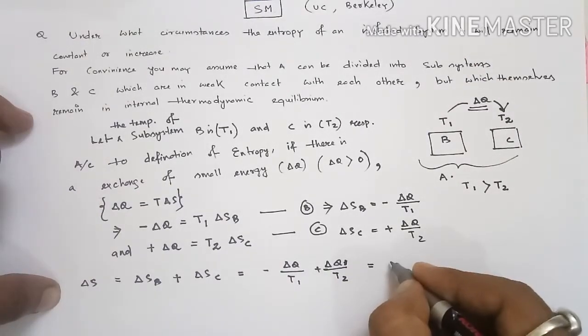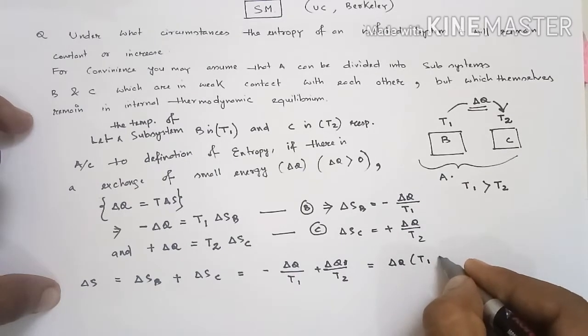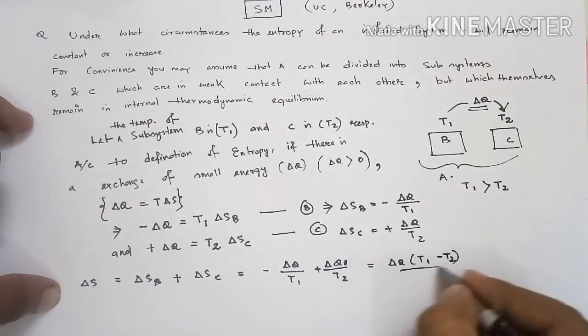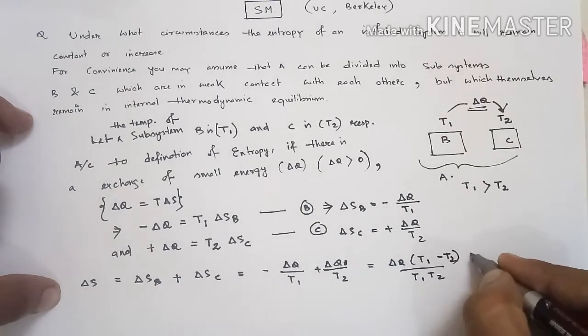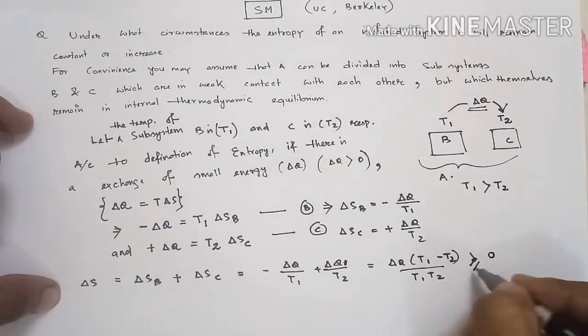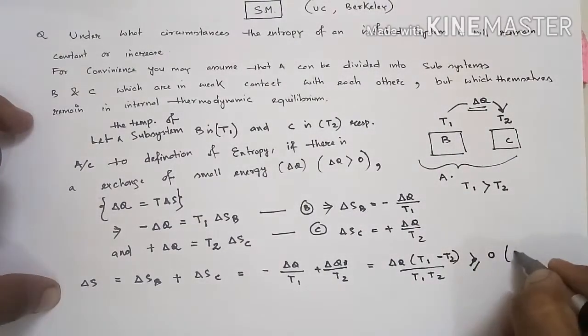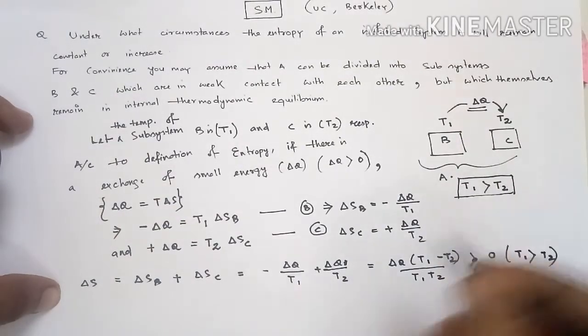Finally this can be written as delta Q times (T1 minus T2) divided by T1 times T2. Here this will be greater than or equal to 0, since T1 is greater than or equal to T2, as we have already considered.